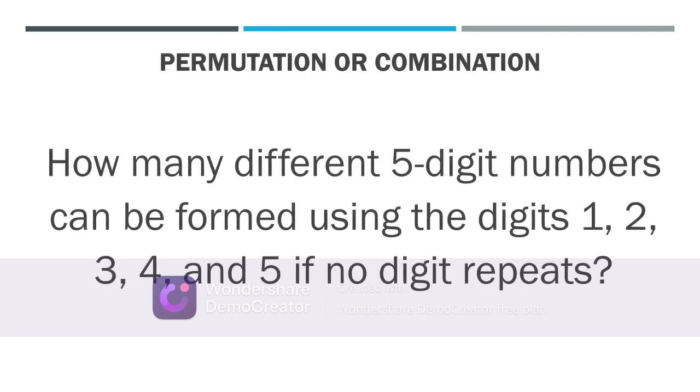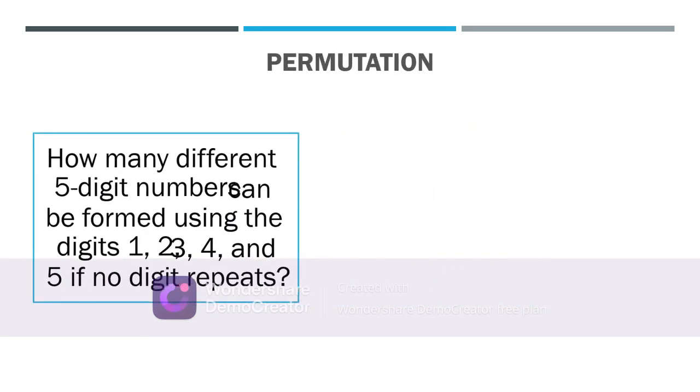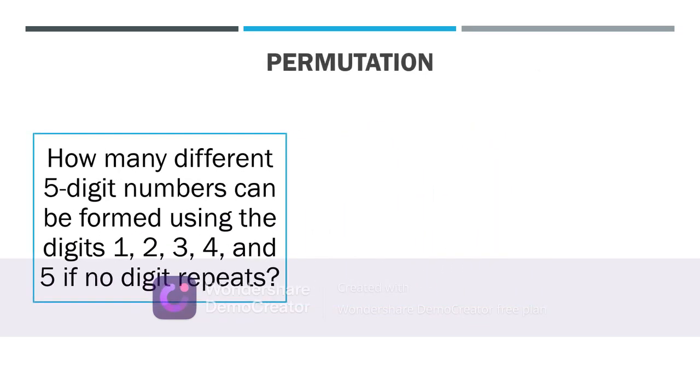How many different 5-digit numbers can be formed using the digits 1, 2, 3, 4, and 5 if no digit repeats? So, kanina sa definition ni permutation, the repetition is not allowed. So, this one falls to permutation. Okay? So, 5 digits na mabubuo out of 1, 2, 3, 4, 5.